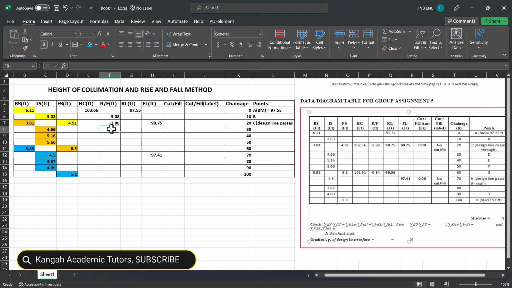Now to compute the rise and fall here, I'm moving to the next traverse leg. So I'm going to subtract this one from this.